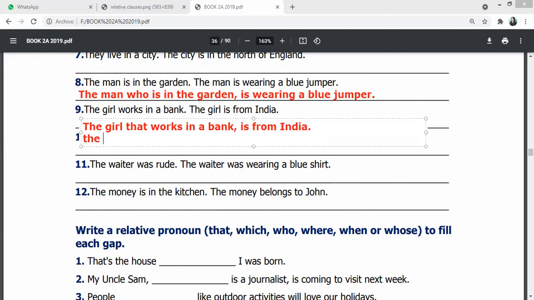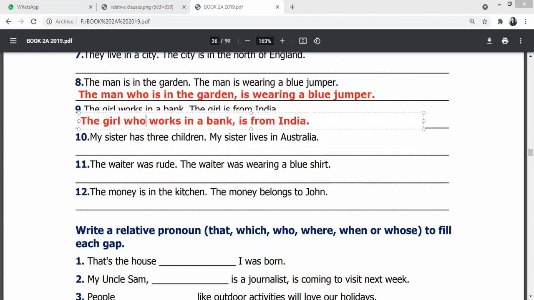Or also we can say the girl who is from India works in a bank. We can use both. Podemos usar los dos. Podemos ocupar ambos. Okay, in this case, we're going to use this, but we're going to change who.